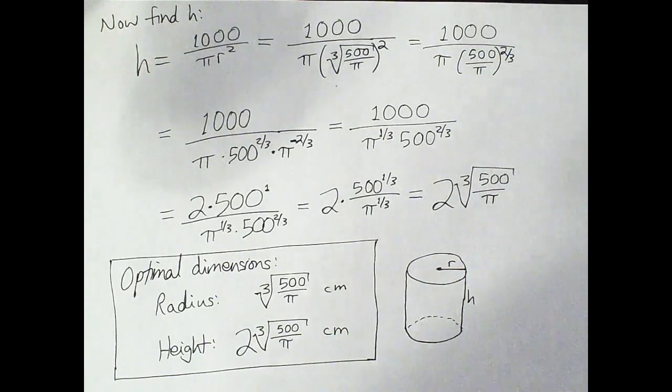And then other types of cans, like a can of soda, would usually be taller. And that's because they want to make a nice grip that you can hold in your hand. So not every metal can will be these dimensions, but when you're doing something like a can of oil or a can of paint, and you're not really concerned about the aesthetics so much, then yeah, this is the best shape that you can make.